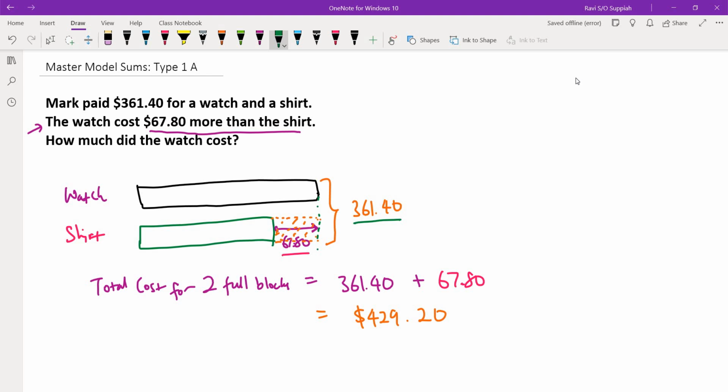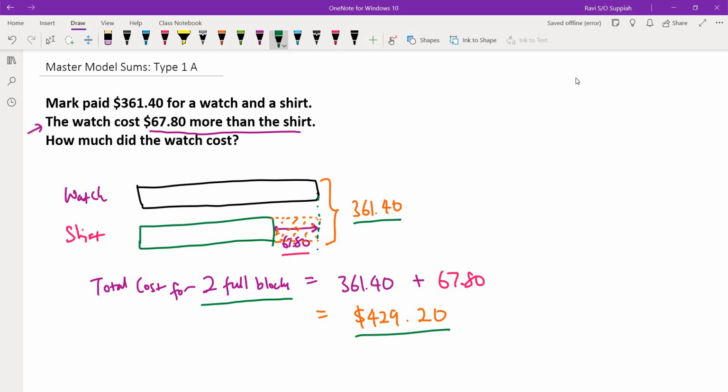So this 429.20 is the amount I would have paid if the watch and the shirt cost the same amount. That is why I've written here that this is the total cost for two full blocks, that means two rectangles of the same dimension.